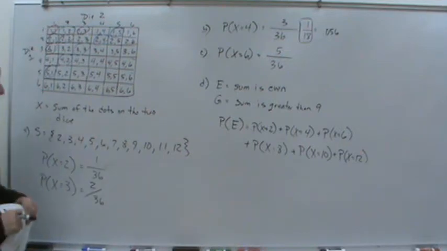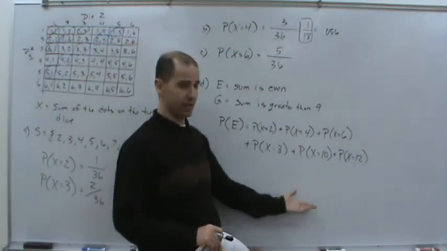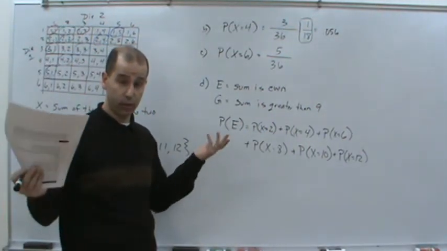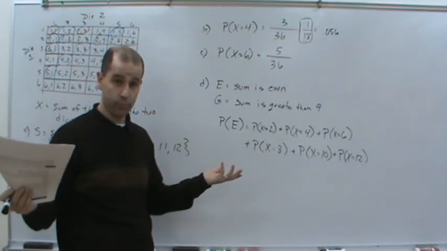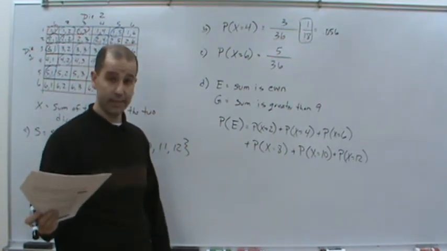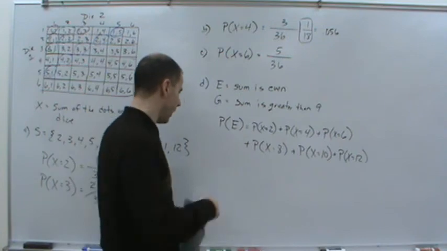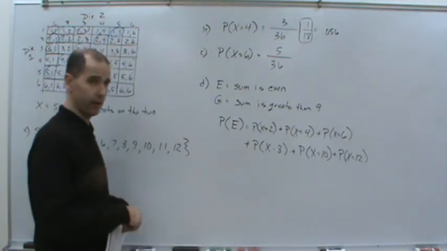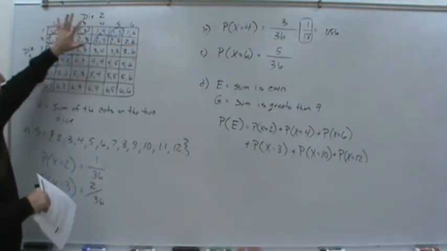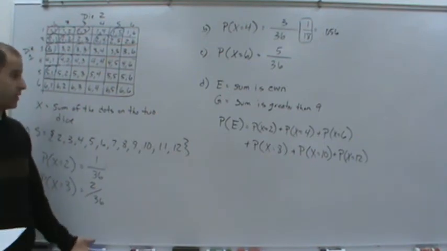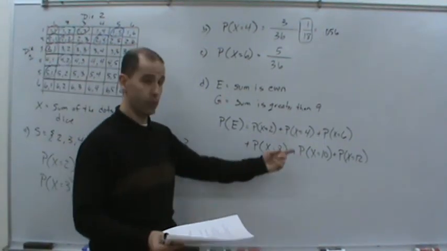So I can just count all of the outcomes instead of doing this. I can just count all the outcomes that give me an even number and then divide by 36, right? So I don't even have to do all this if you think about it, right? Just remember, go back to this total. What are all the sums that give me even numbers? 2, 4, 6, 8.